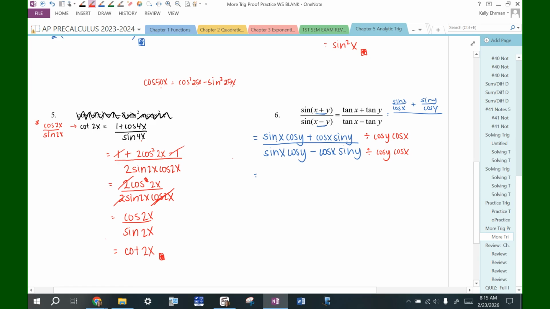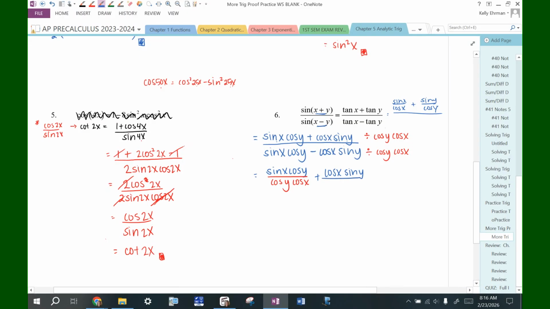And what would that look like? So sine x cosine y divided by cosine y. Let me write it down here. If this is hard to see, let me just show this. So all I'm saying is divide this by cosine y, cosine x. And you have to do the same thing for every term. Now, whether or not you show me this step, you need to write it down over here.